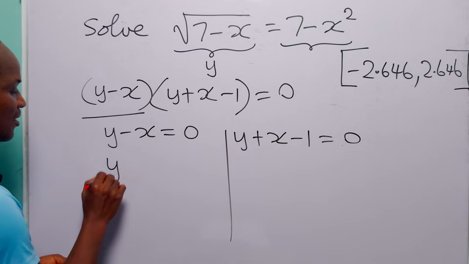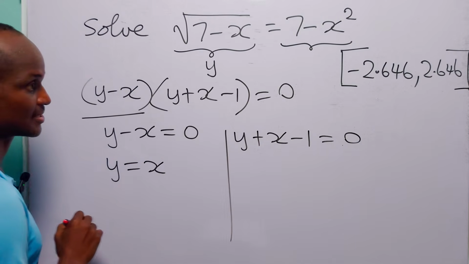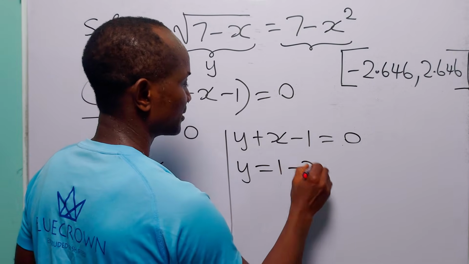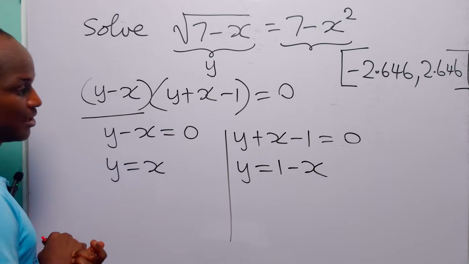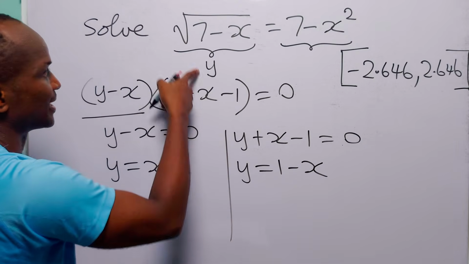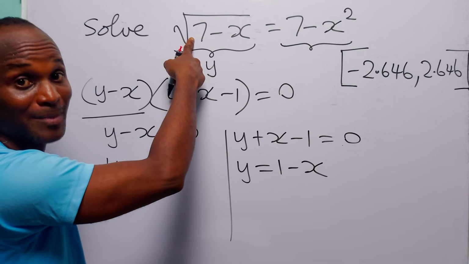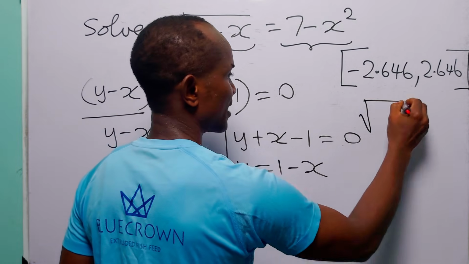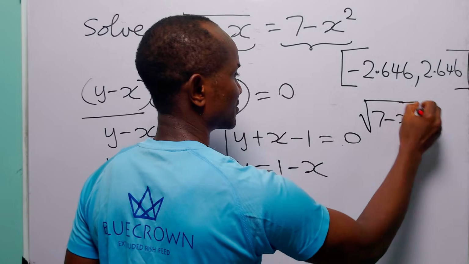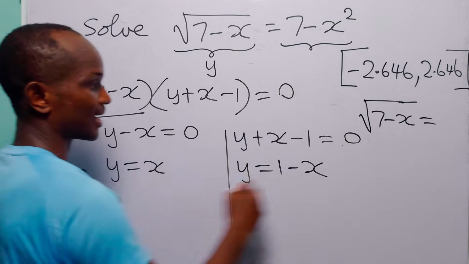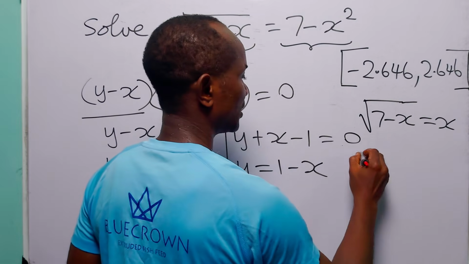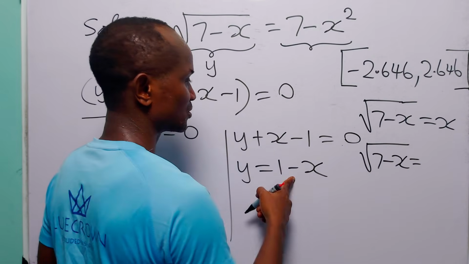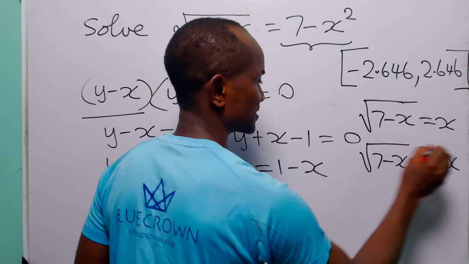From here, we have that y is equal to x, while from here, we have that y is equal to 1 minus x. But of course, you know that y is the square root of 7 minus x. So this means that either the square root of 7 minus x is equal to x, or the square root of 7 minus x is equal to 1 minus x.